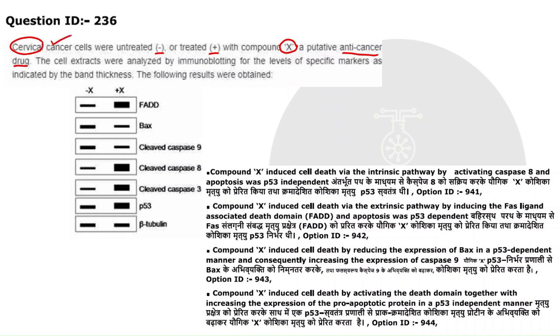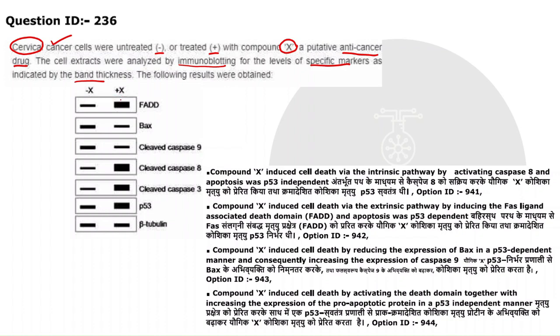The next line says the cell extracts were analyzed by immunoblotting, meaning Western blot analysis, for the level of specific markers as indicated by band thickness. In Western blot, cells are treated with the compound, then lysed, and the expression of different proteins is analyzed. The black lines indicate the bands.